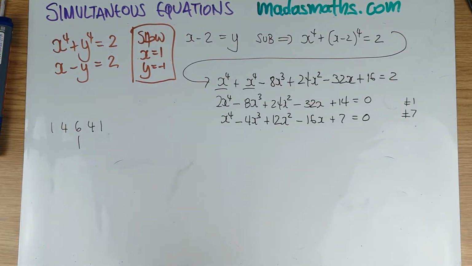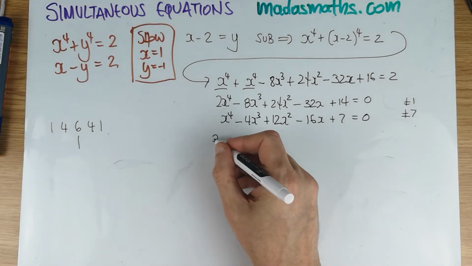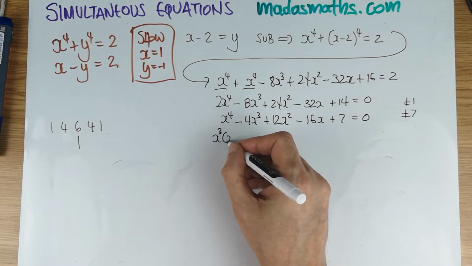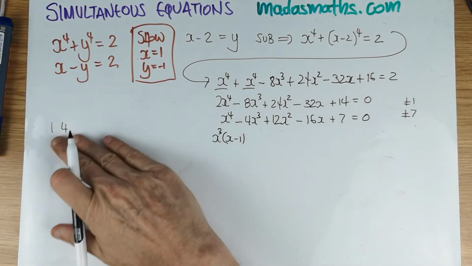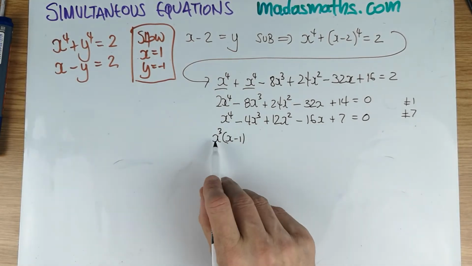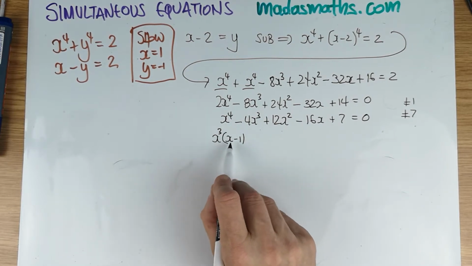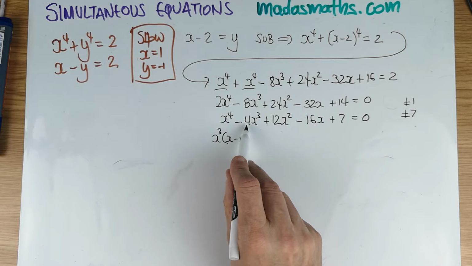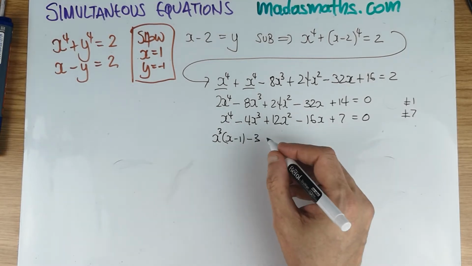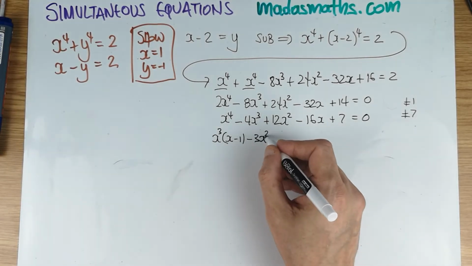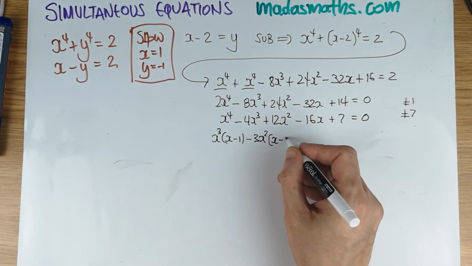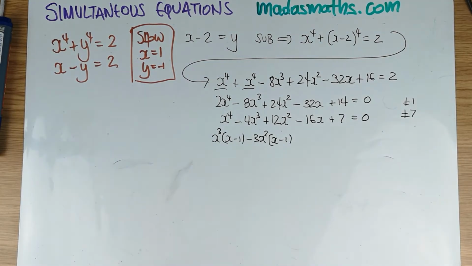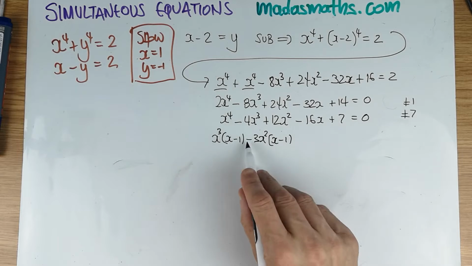Long division now, or some kind of manipulation. I tend to manipulate it like this. So at the moment, I produced the x to the 4 there with the bracket x minus 1, minus x cubed, but I have minus 4x cubed, so minus 3x cubed. But I'm going to write minus 3x squared times x minus 1, there's your minus 3x cubed, plus 3x squared.